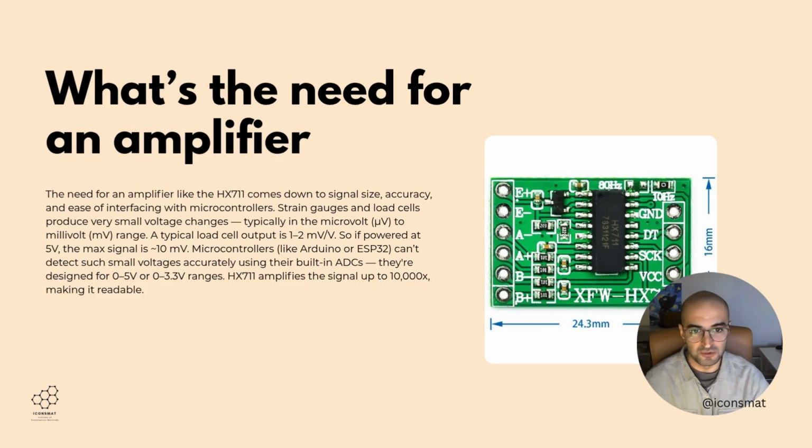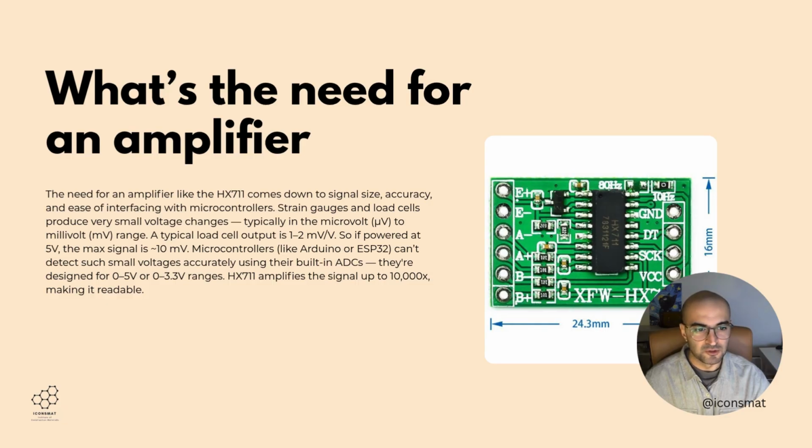Microcontrollers like Arduino or ESP32, these are the DIY microcontrollers, cannot detect such small voltage changes accurately using their built-in ADC. They are designed for only 0 to 5 volts, and basically what a strain gauge produces cannot be read by the microcontroller.